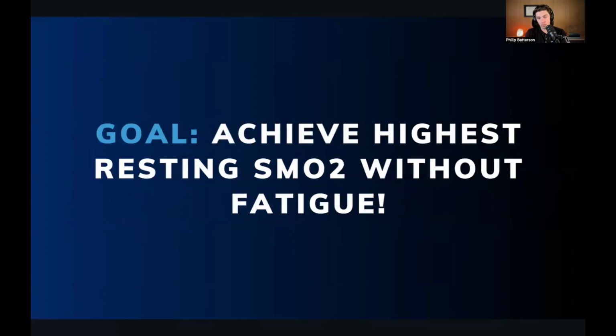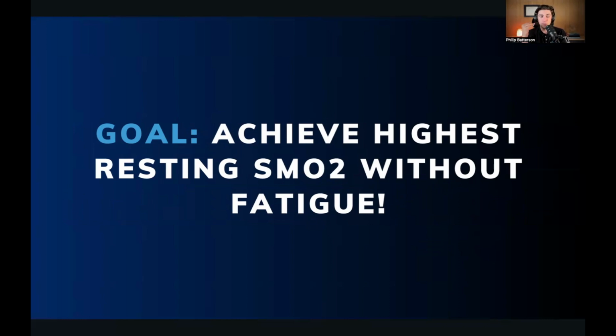So the goal of a NIRS-based warm-up is to achieve the highest resting SmO₂ without inducing fatigue. And the big thing here is without inducing fatigue. You can really easily elevate your SmO₂ if you go and do a 30-second Wingate test.